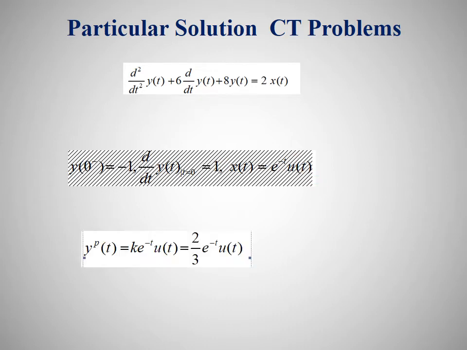The solution obtained for the particular case is yp of t of the form k into e power minus t u of t, which is equal to 2 by 3 e power minus t u of t.